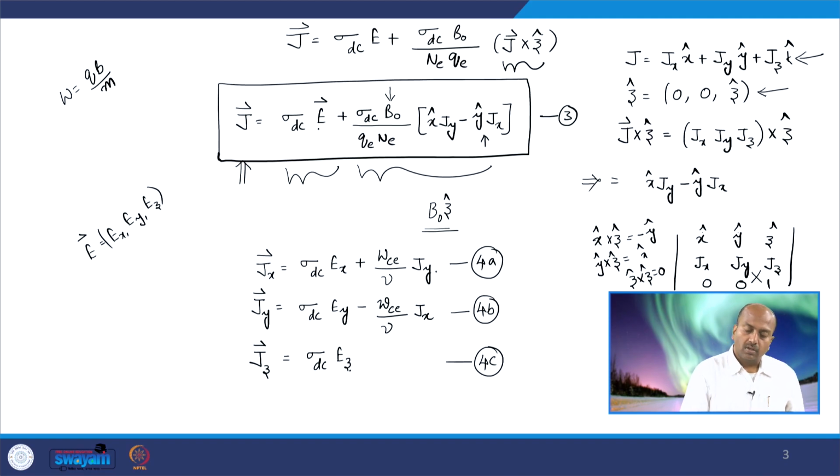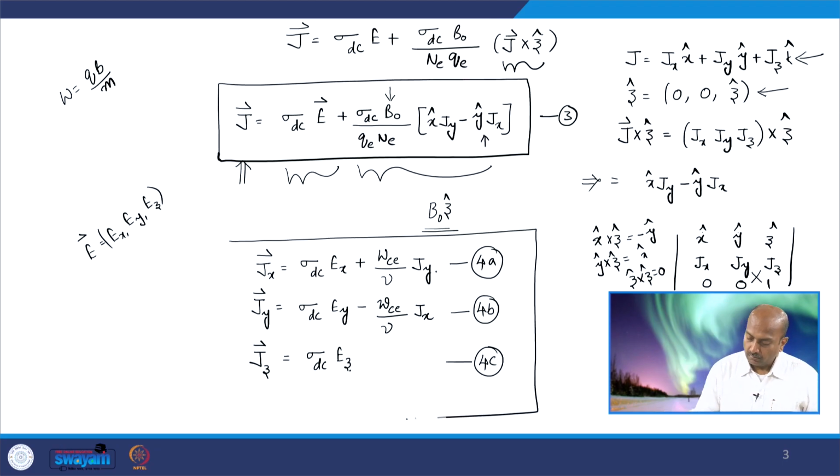One term is entirely based on the electric field, or the DC conductivity. The second term is based on the magnetic field. And if you split equation number 3 into 3 component equations, this is what you get. These are very important, very fundamental equations in understanding the ionospheric conductivity.